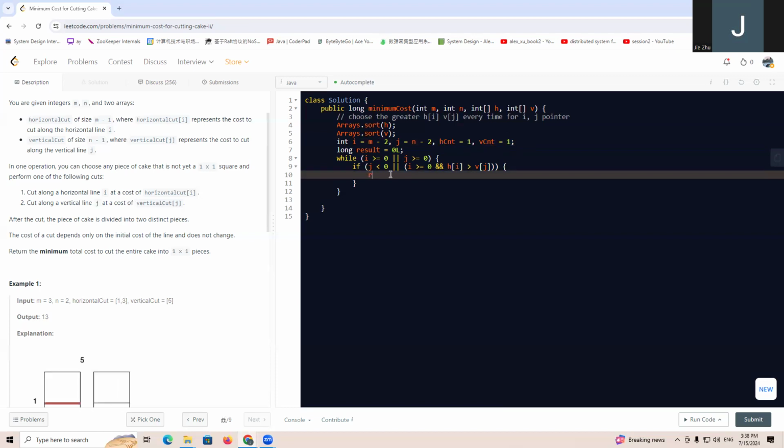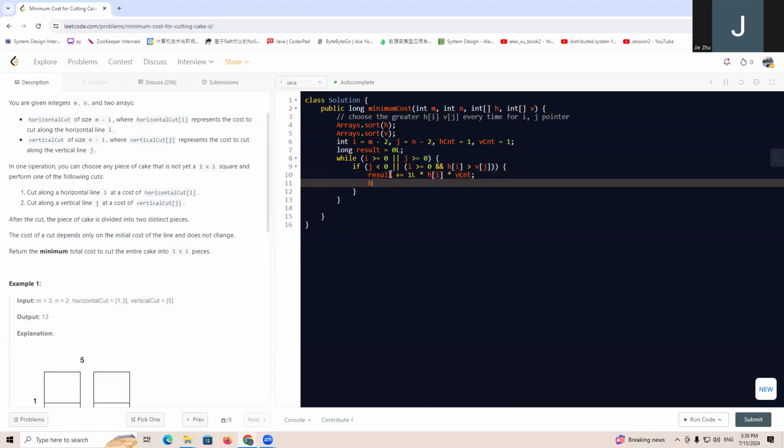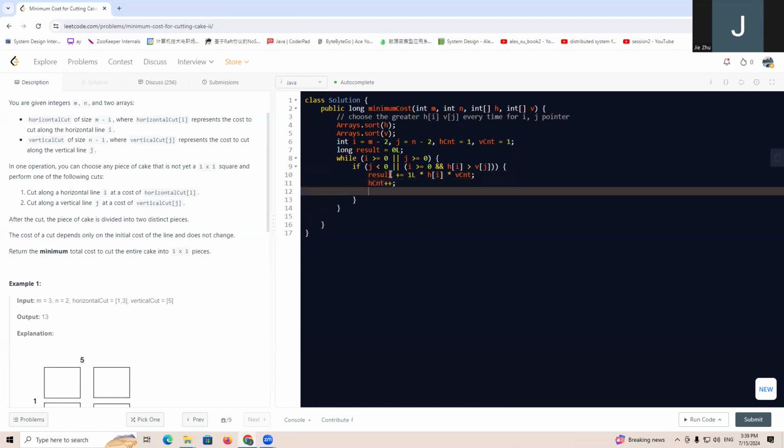Then we're going to have result plus equal to 1L multiplied by horizontal i, and multiplied by the vertical count. And we'll have the horizontal count increase by 1, right? And then we move this i pointer, right?